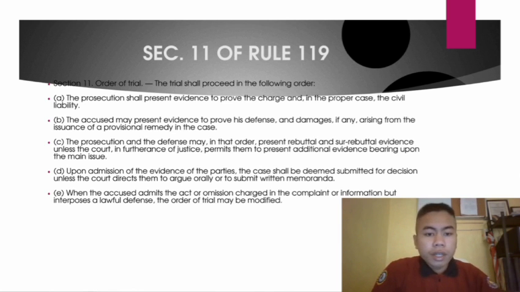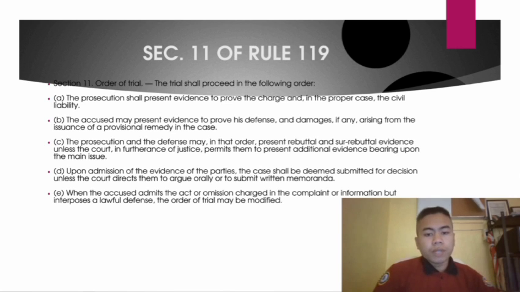Letter C: the prosecution and the defense may, in that order, present rebuttal and surrebuttal evidence unless the court, in furtherance of justice, permits them to present additional evidence bearing upon the main issue.